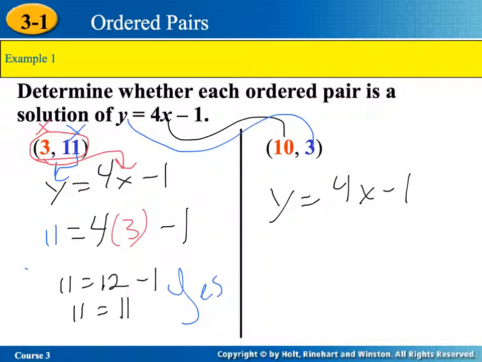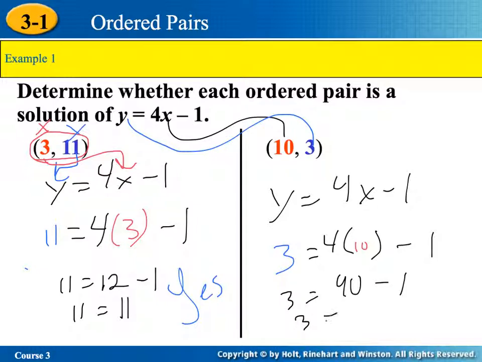So is 3 equal to 4 times 10 minus 1? Is 3 equal to 40 minus 1? No, because 3 is not equal to 39. It's not true, so I just write no, because I plug in my 2 points for my 2 variables and solve.